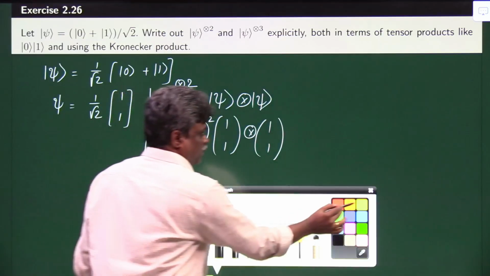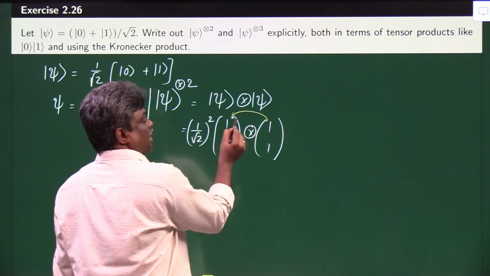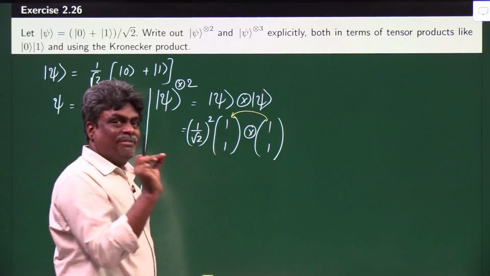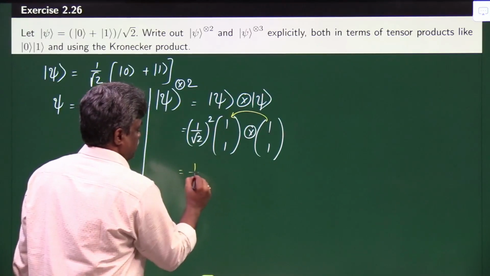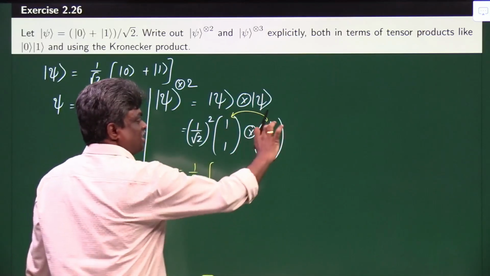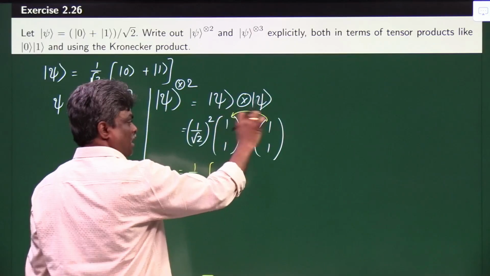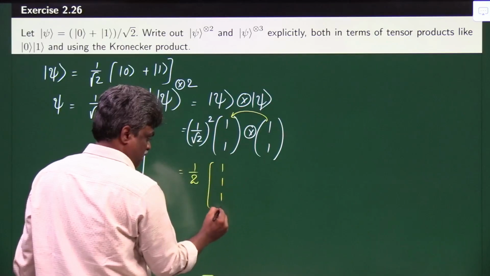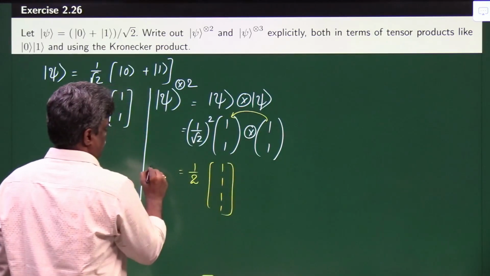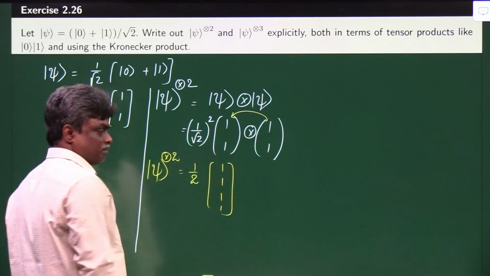What you have to do is just take the second vector and multiply with each and every element of the first vector. So this is 1 by 2. Just take this and multiply with this, that means 1, 1, 1, 1. That's it. So this is psi tensor 2 times.